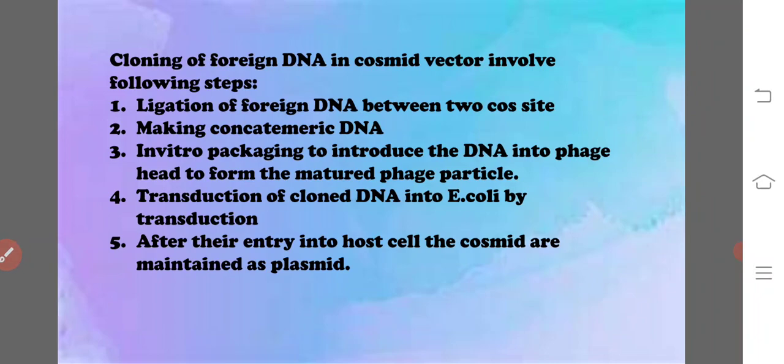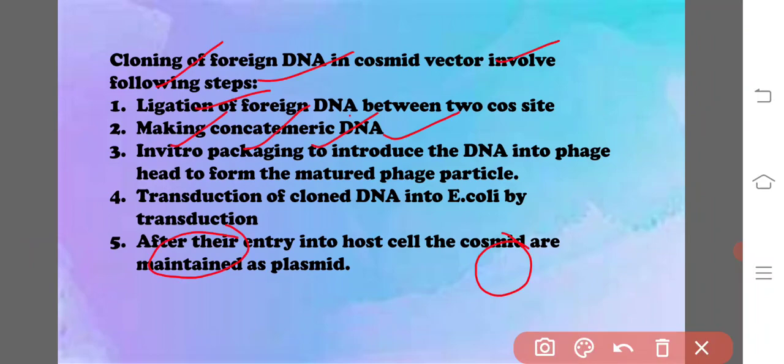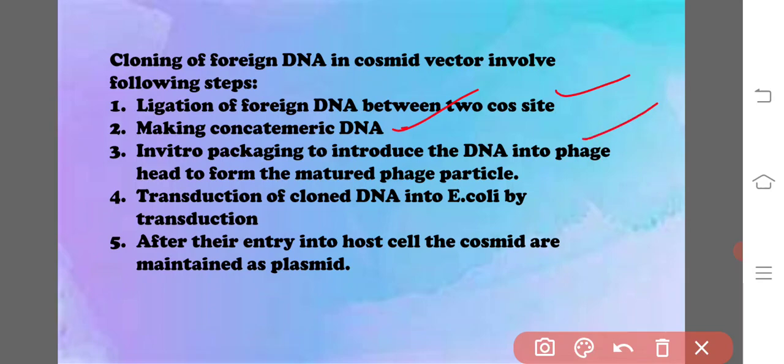And cloning of foreign DNA in a cosmid vector involves the following steps. The first one is ligation of foreign DNA between two cos sites, making concatameric DNA, then in vitro packaging to introduce the DNA into the phage head to form the matured phage particle, then transduction of cloned DNA into Escherichia coli.